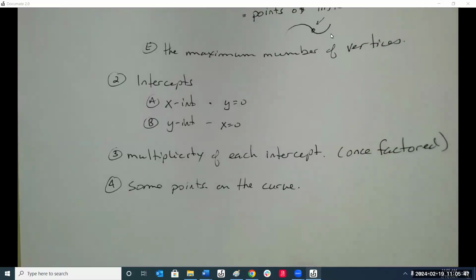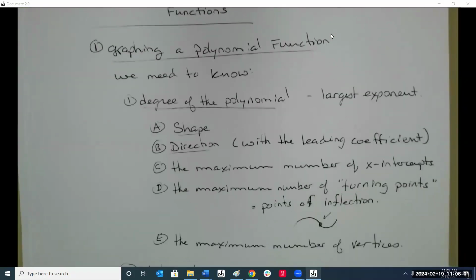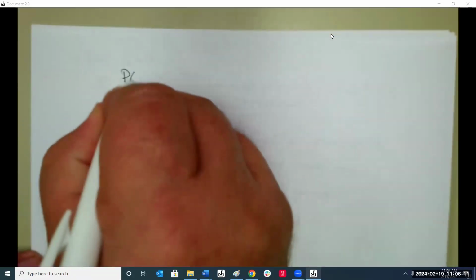All right, to begin with, let's look at what we mean when we say direction and shape. A polynomial has this shape, this format.